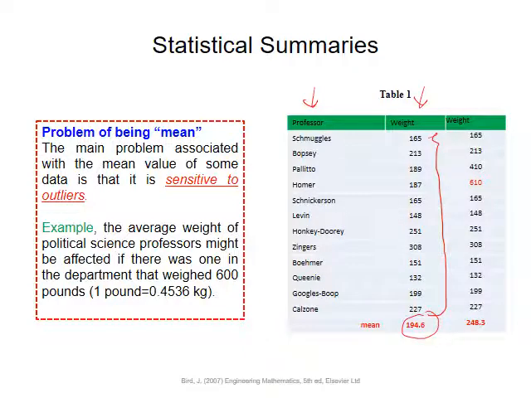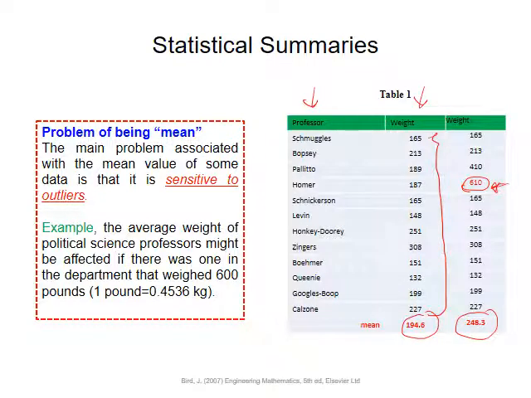Now it's good, but the average is sensitive to outliers. For example, if these 12 have normal weights, excluding one professor who is overweight, this number will reflect on the average and mislead you when you try to understand your data, because there is one odd number.